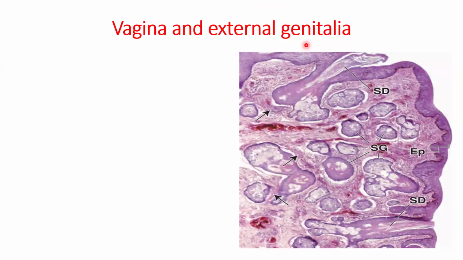Okay, so let's talk about the vagina and the external genitalia. For the vagina, we talked about it having stratified squamous non-keratinized epithelium. Then the external genitalia, at this point, we're talking about the vulva. The vulva comprises the mons pubis, the labia majora, the labia minora, and the Bartholin glands.